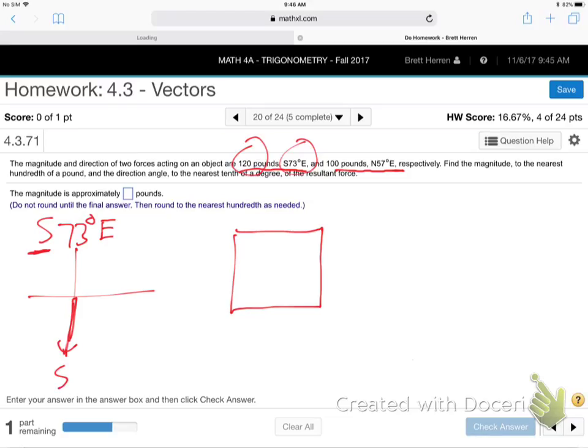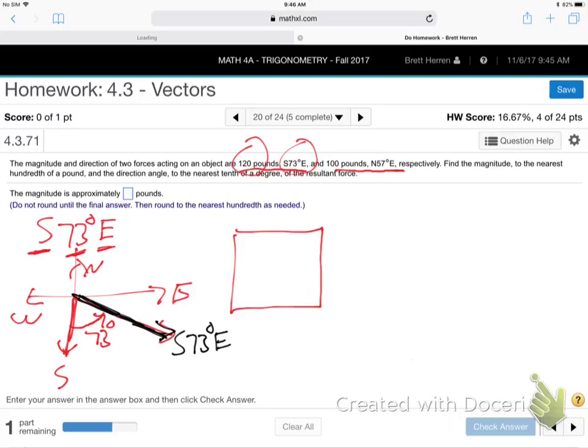So south. There's straight south, right? South, and then from there you go 73 degrees towards the east. This is east. This is west, right? This is north, right? So south, but then you bend 73 degrees, which is most of the way to 90, 73 degrees to the east. So the actual vector is right there. That is south 73 degrees east.